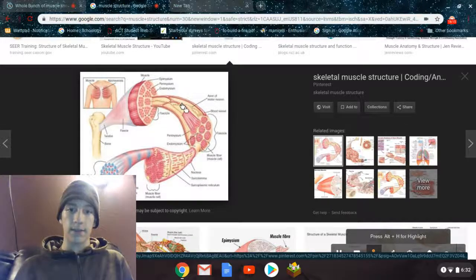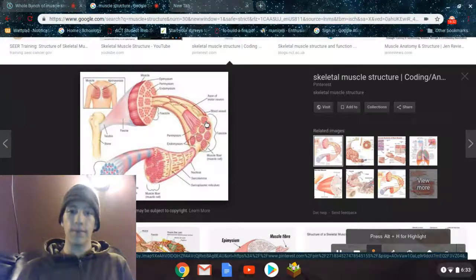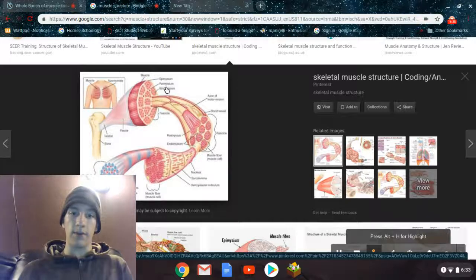And then each of these has little cubby compartments, and amongst those, these are each wrapped by another thin layer of connective tissue called endomysium.